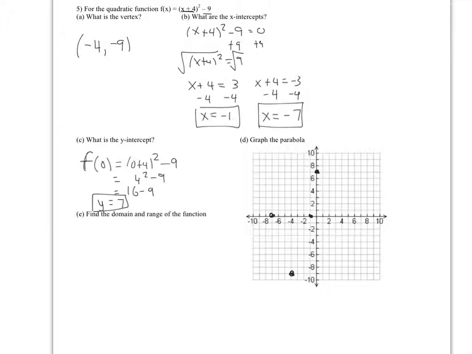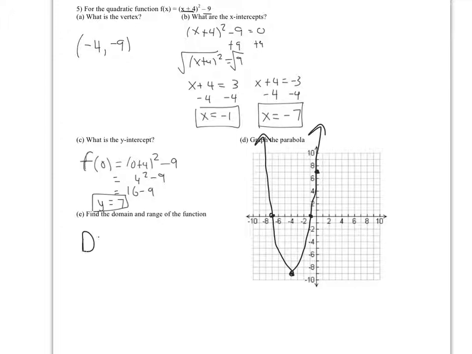And for some problems, you might not be able to graph the y-intercept because it's off the chart. It's too big or too high or too low. That's okay. So something like that, and like that. And then once I have this graphed, I can find the domain and range.